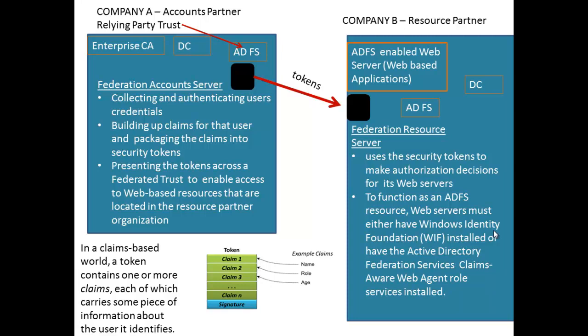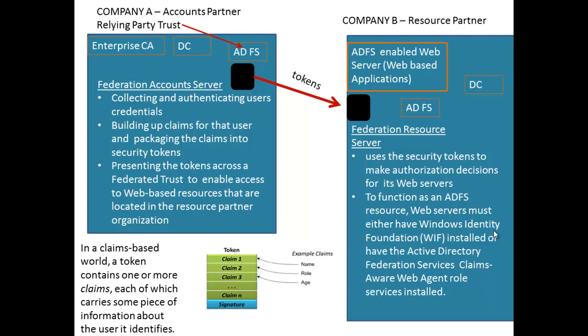A very simplistic look at the whole process would be that a user would log on to their local PC as they would typically log on when they're beginning work in the morning. Now that user needs to obtain information on a partner company's website. For example, the user might want to obtain information about pricing or product details.